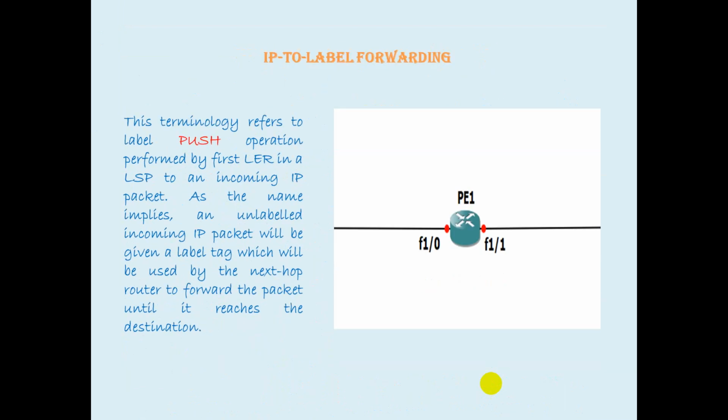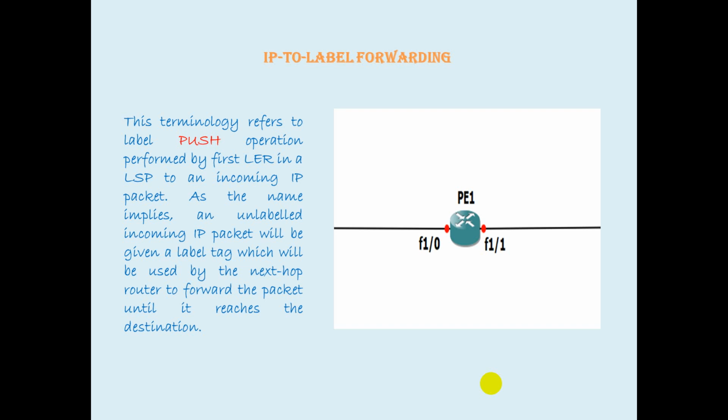Now let's talk about IP to label forwarding. As the name says, IP to label means it happens on the edge of the MPLS enabled network, so this work has to be done by the provider edge router. It converts an IP packet to label forwarding. This is referred to as label push.